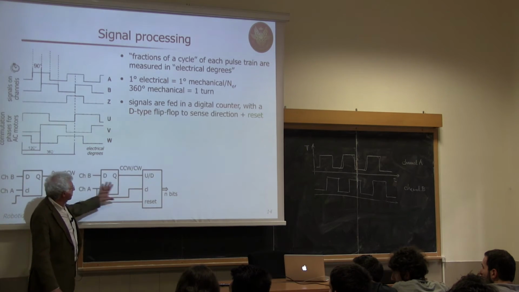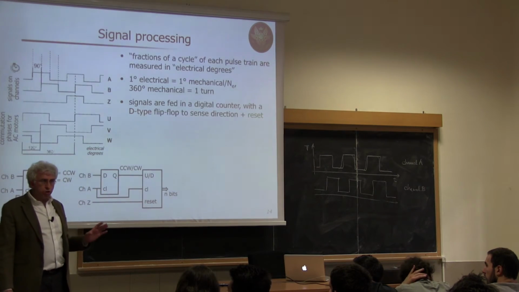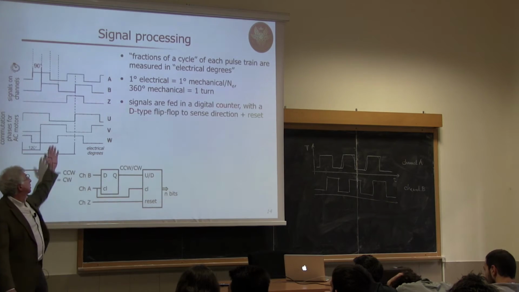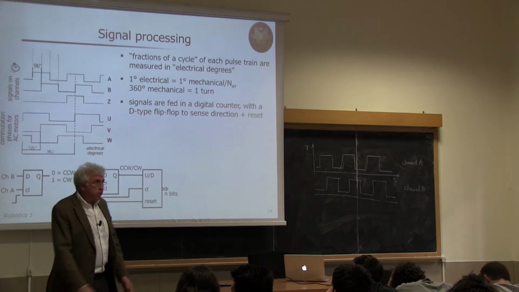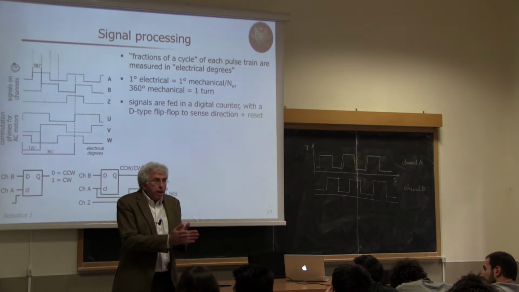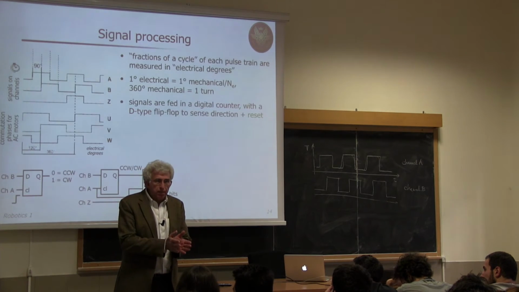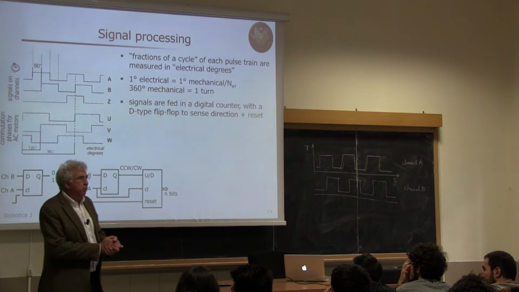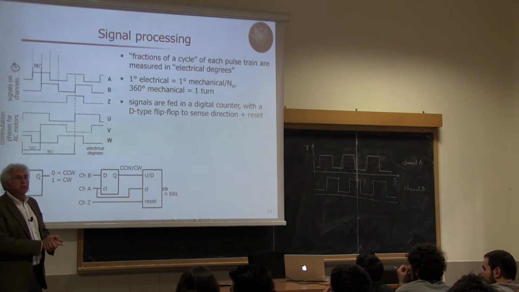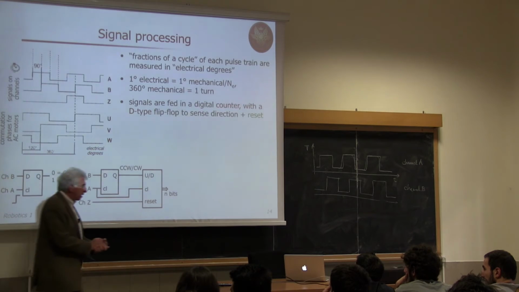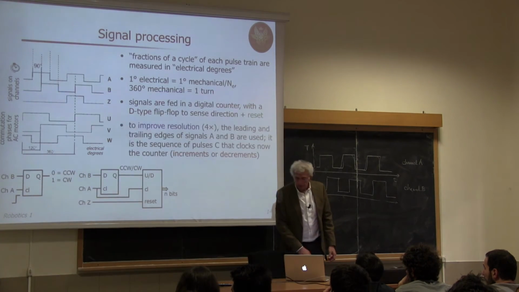Now, adding some simple electronics, you can improve the resolution of the original encoder, which essentially is related to how many sectors you can put into the optical disc with enough accuracy. You can multiply by a factor of 4 the resolution by performing some processing on the data.